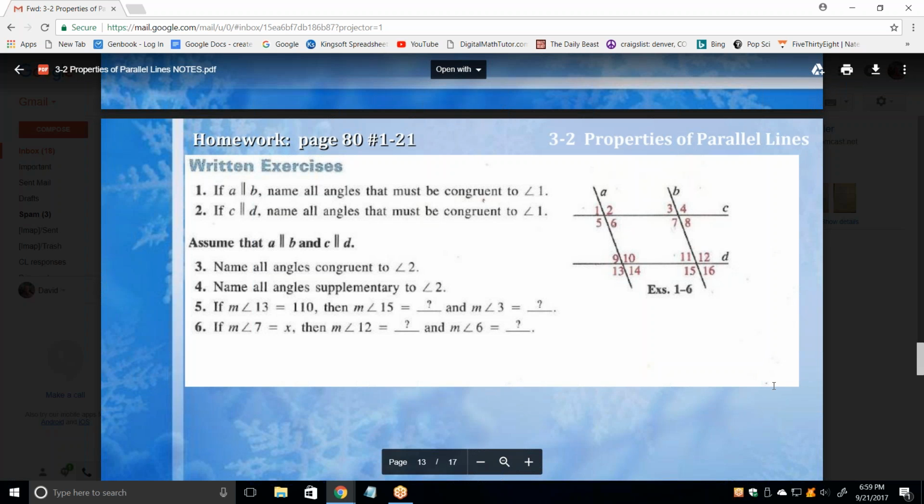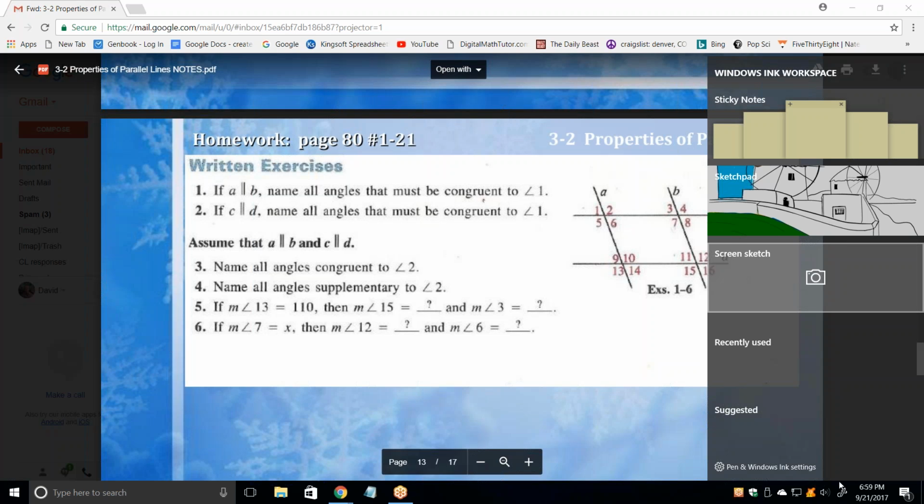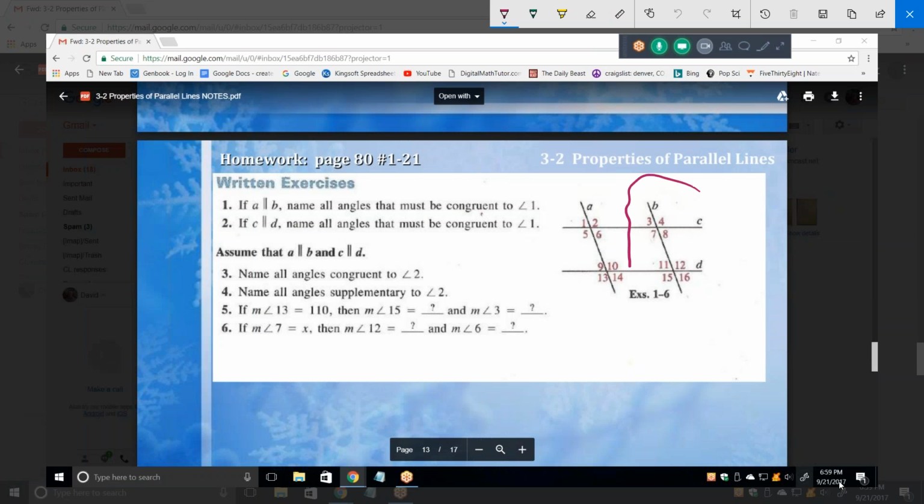In other words, I'm looking at those two parallel lines with that transversal. 7 and 12 are the same. So 7 is x, then 12 is x. Okay. And 6 would be what? 180 minus x. Yes. All right.